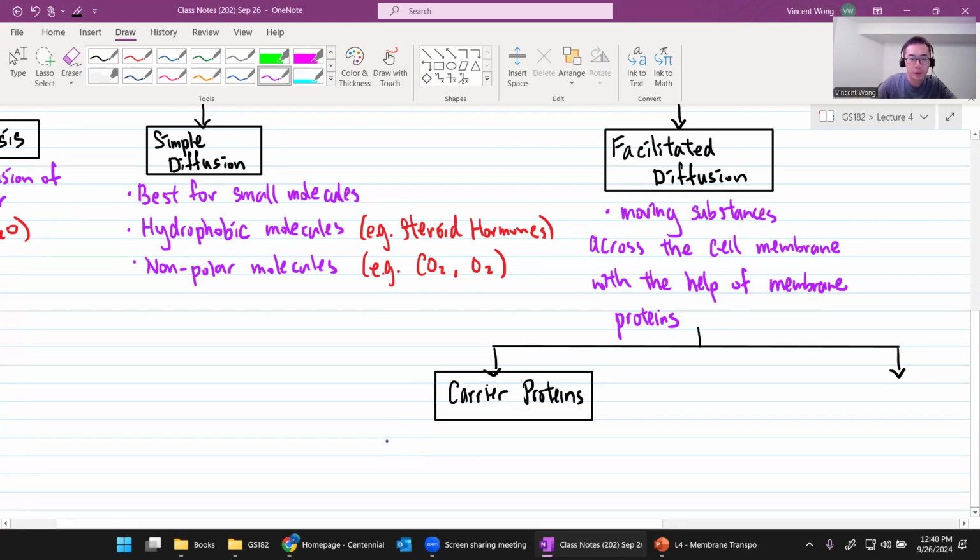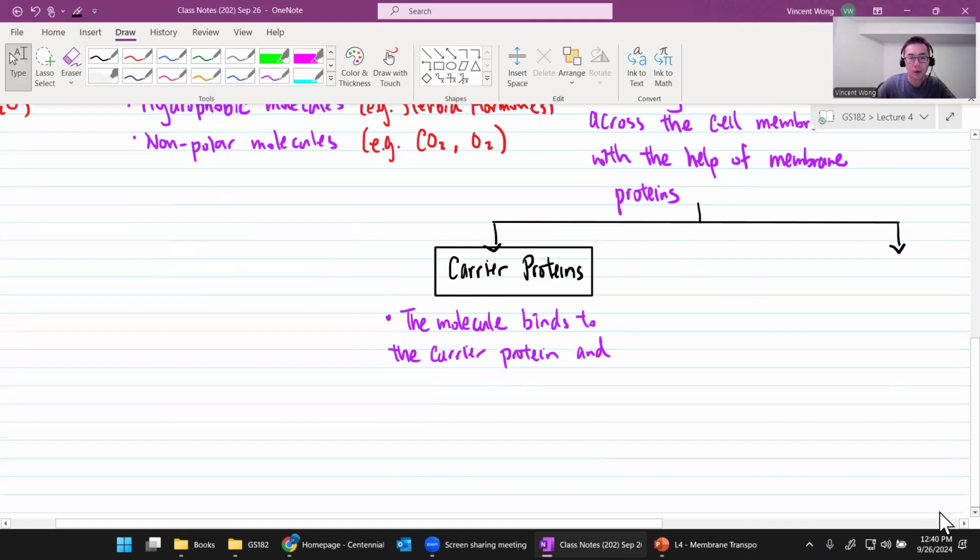So in carrier proteins, the molecule binds to the carrier protein and causes the protein to change shape.